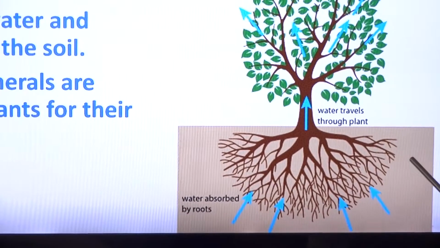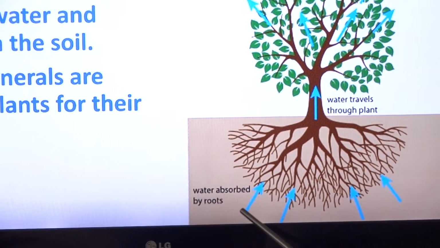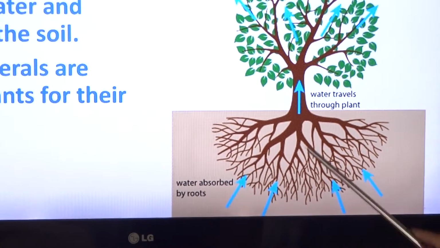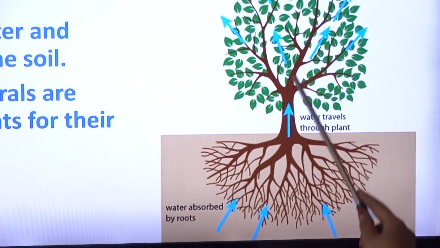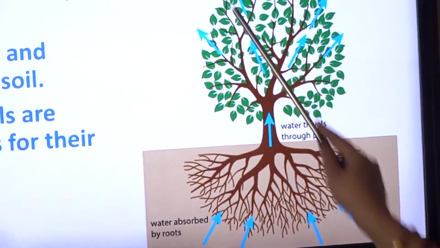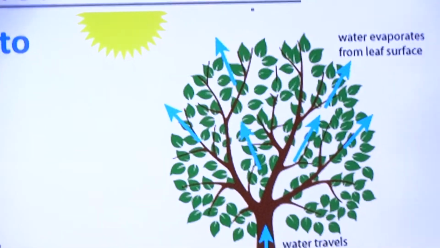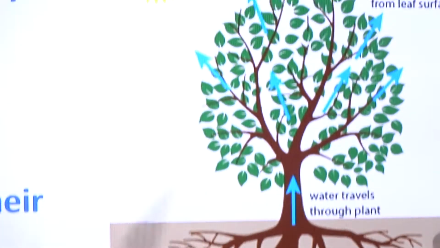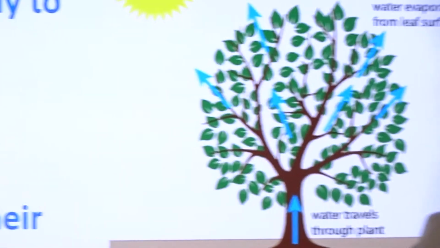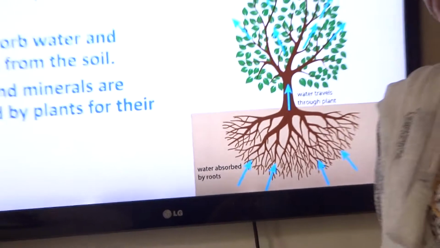Roots grow in the soil. In the soil is water and mineral salts. Water gets absorbed by the roots and that water goes up above the shoot. This is the work of the root, that it absorbs water from the soil and takes the mineral salts from the soil.